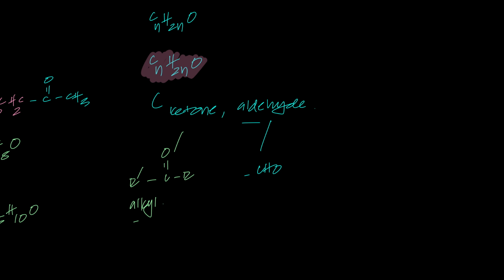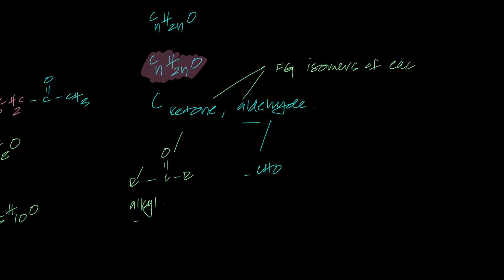That's when you observe and use your brain a little: ketones and aldehydes are structural isomers of each other. Which particular structural isomers? They are functional group isomers of each other.